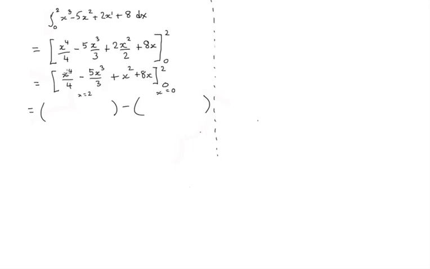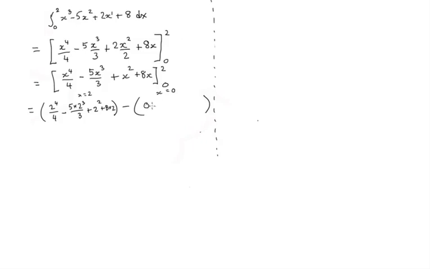So let's now plug in 2 into this. We've got 2 to the power 4 over 4 minus 5 times 2 to the power 3 over 3 plus 2 squared plus 8 times 2. For the second one, 0, 0, 0, 0.